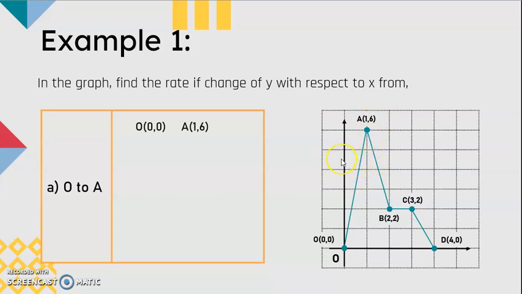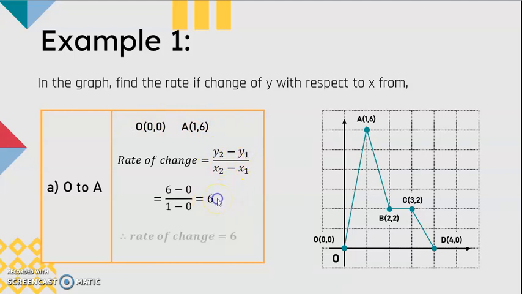Since the rate of change is the gradient, we apply the formula and insert all these numbers here. So you get your answer to be equal to 6. So the rate of change is equal to 6. Basically, rate of change is the gradient.